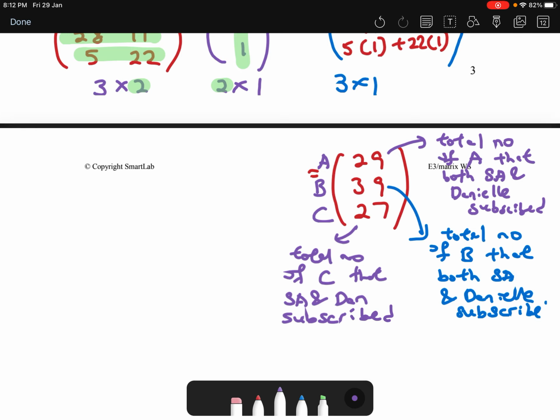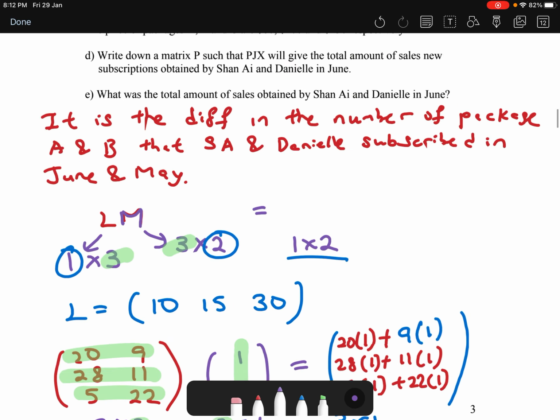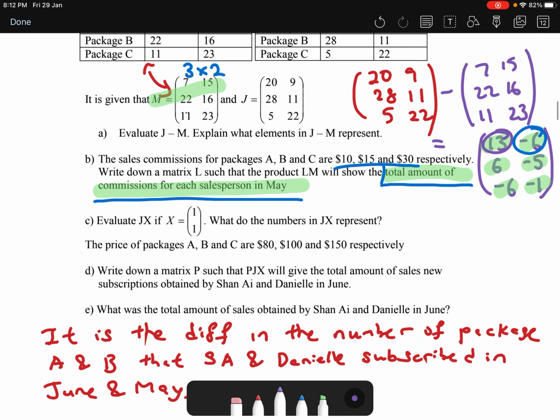Let's move on to the next thing. They say the prices of package A, B, C are $80, $100, and $150. So write down a matrix P such that PJX, the three matrices together, will give the total amount of sales of new subscriptions obtained by Shan Ai and Daniel in June.